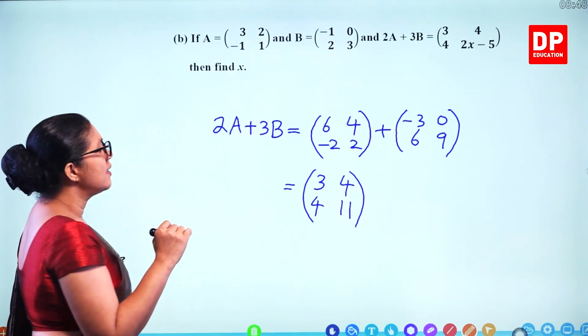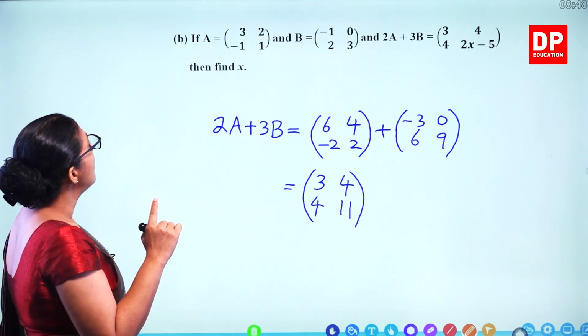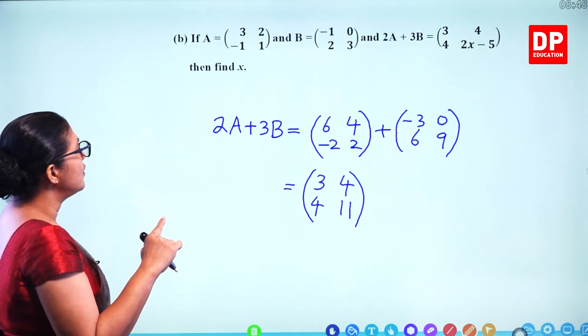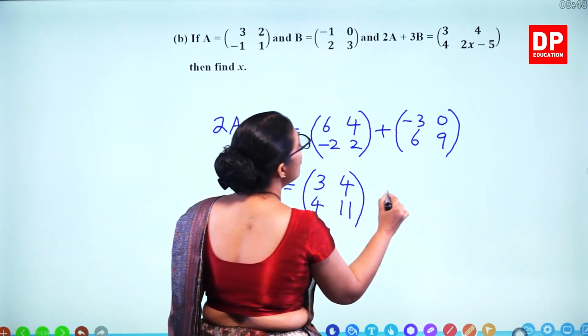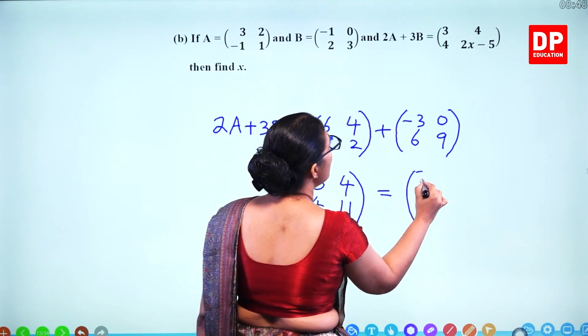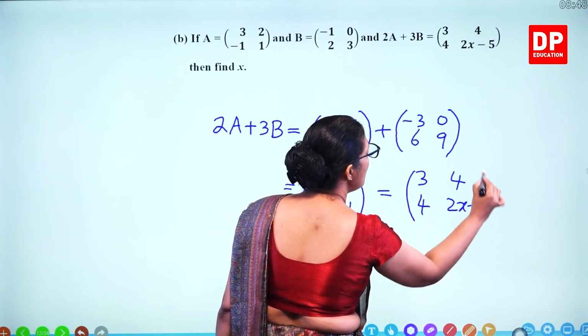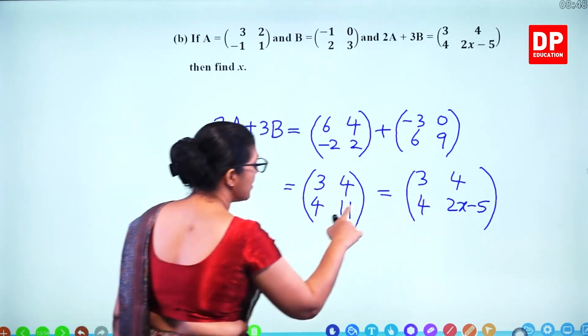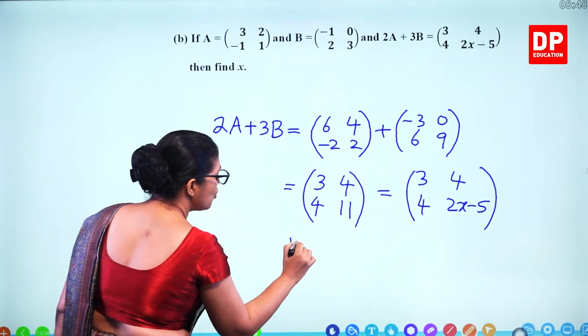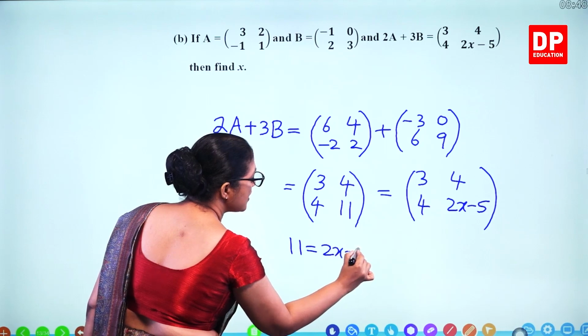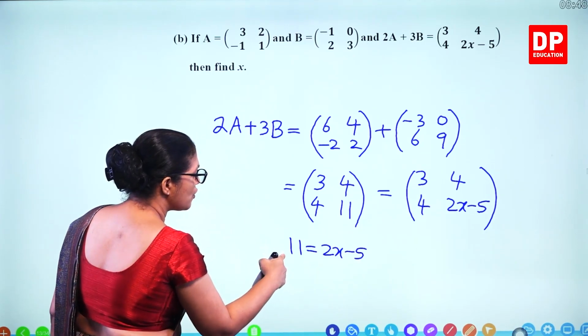So this is the 2A plus 3B value. That's equal to 3, 4, 4, 2x minus 5. Now, you can compare the elements. 11 should be equal to 2x minus 5. Take minus 5 to this side.